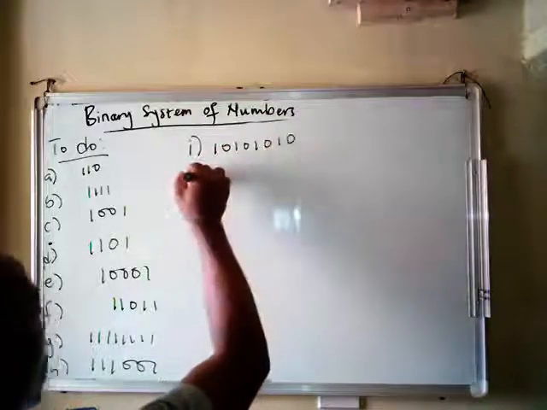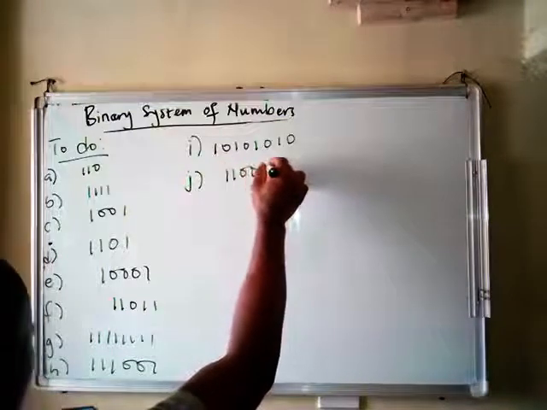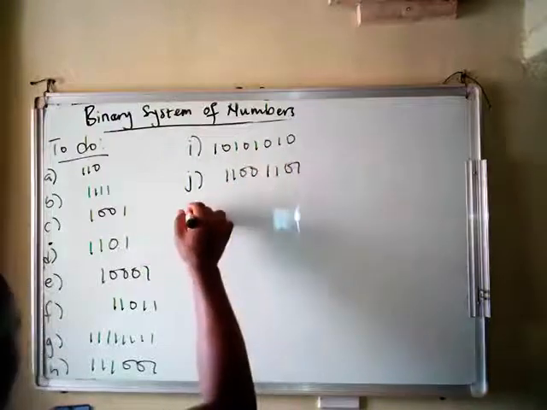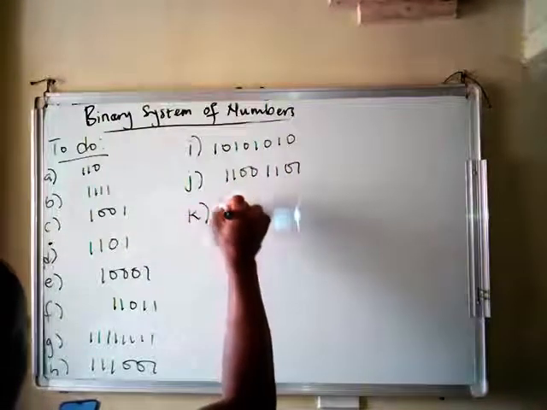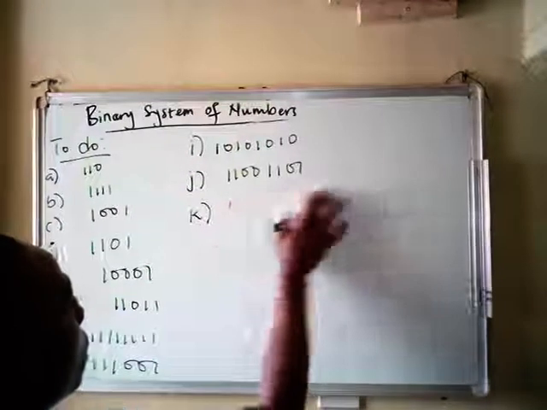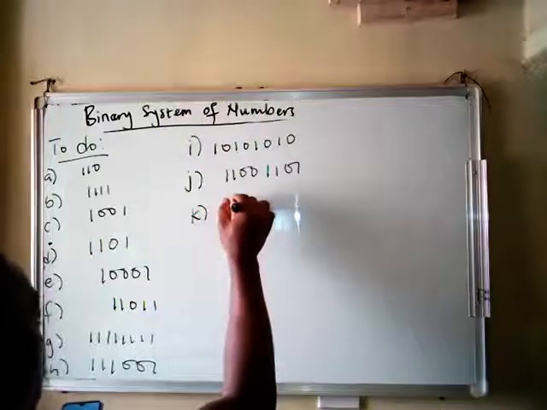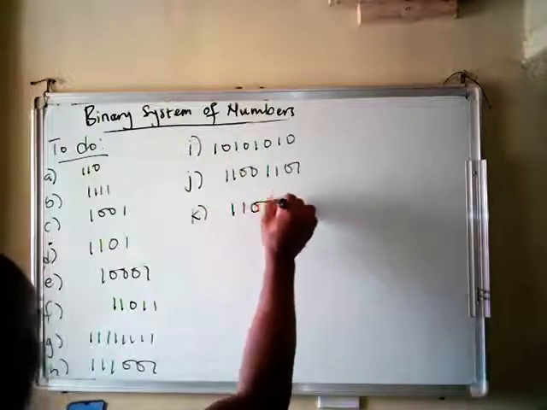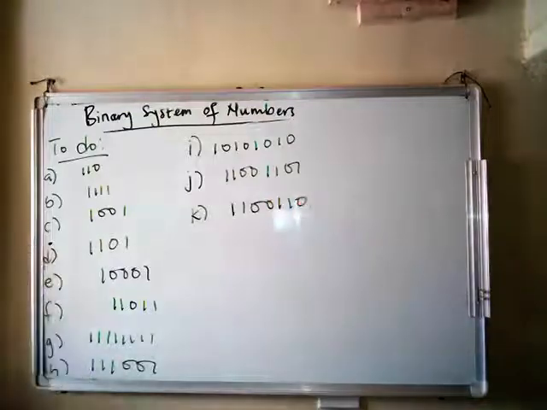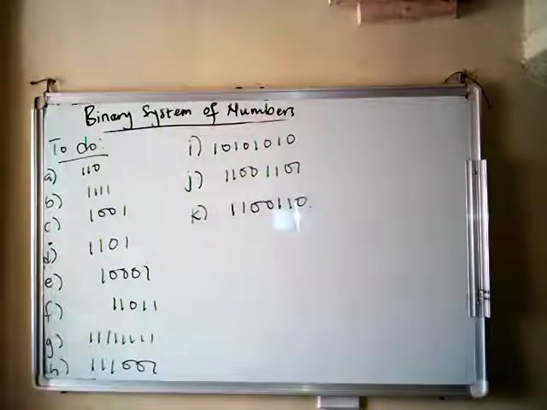And I think the A is 110, the B is 1111, the C is 1001, the D is 1101, the E is 10001, the F you have 11011, the G you have 11111111, the H you have 111001, and the I you have 10101010.